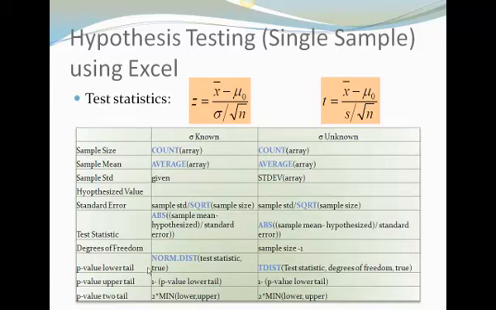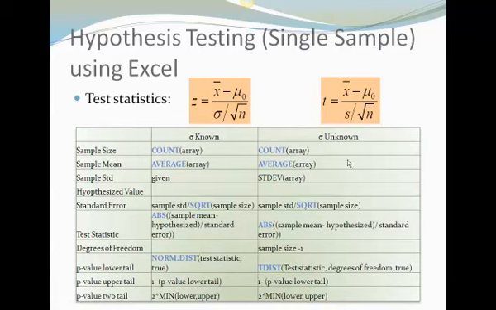So there's no simple hypothesis testing thing that I can set up in Excel. What I'll have to do is basically just apply that formula. So the mean minus the hypothesized value divided by the quantity standard deviation divided by the square root of number of observations. This denominator, standard deviation divided by the square root of number of observations, is known as the standard error.